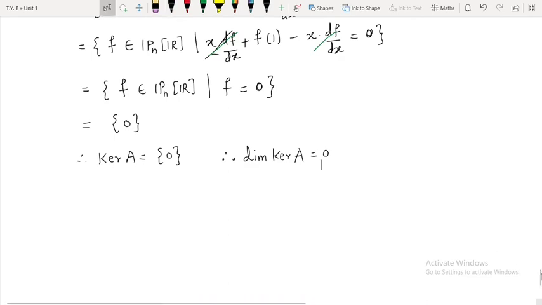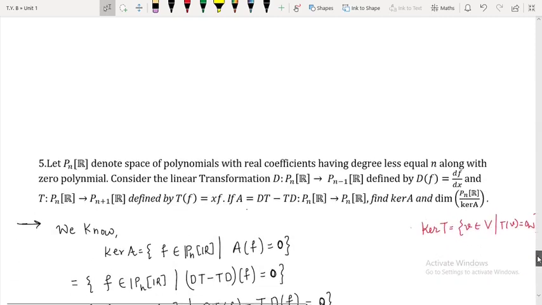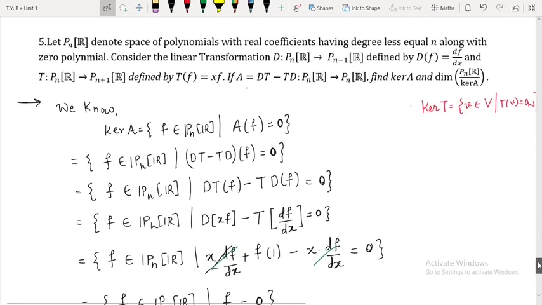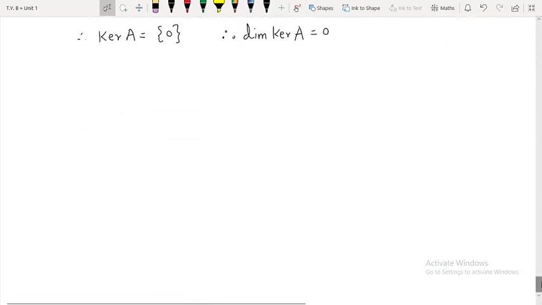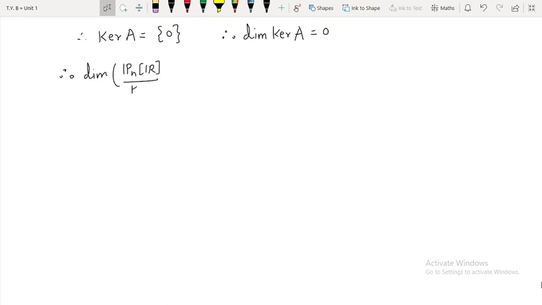Now next, they have asked us the dimension of Pn of R mod kernel of A. Therefore the dimension of Pn of R mod kernel of A will be equal to what? We know it.